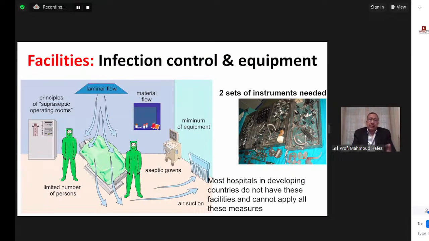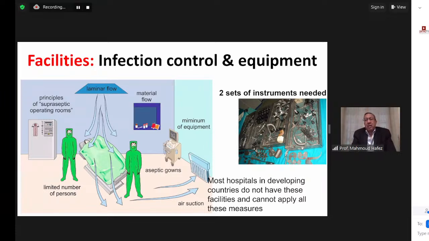Here is a drawing just showing the standard criteria for the OR. One of them is laminar flow. Because of the cost, laminar flow may not be available in every theater. Even when I work in the UK, laminar flow is not in every orthopedic theater. Usually only half of the theaters have laminar flow, and the other half, where they do trauma, don't.